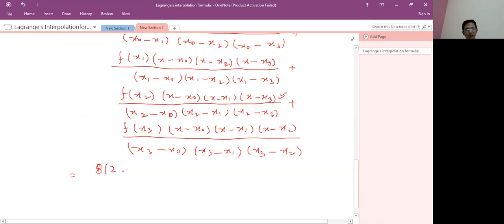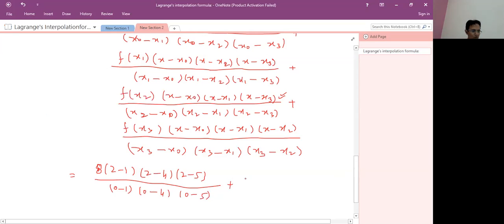So f of x naught times 2 minus 1, 2 minus 4, 2 minus 5, whole divided by x naught minus x1, which means 0 minus 1, 0 minus 4, and 0 minus 5.